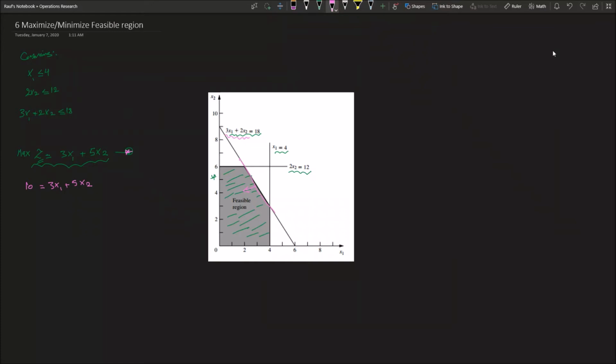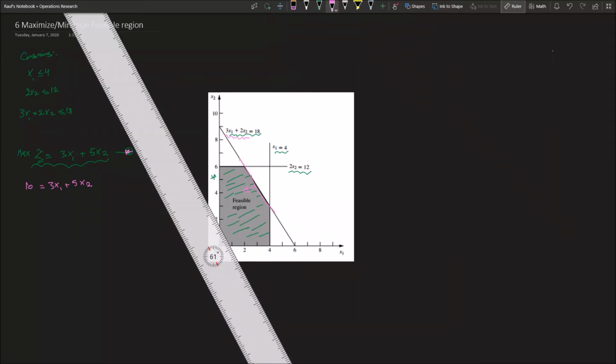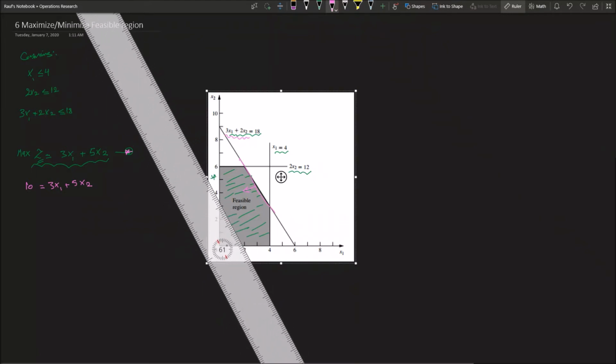Well, if we do that, let's have a ruler in here. We'll be somewhere in here. That's your z line.